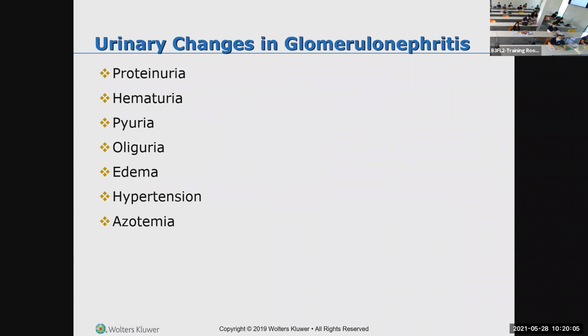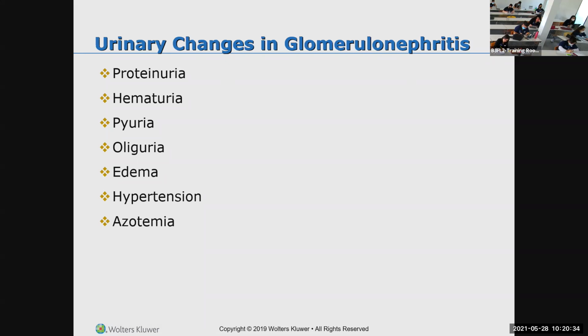Now, put a star mark on this slide. Patient urine contains high protein, that's called proteinuria. Patient urine contains RBC, we call hematuria. Patient urine may contain bacteria or pus cells, we call pyuria.